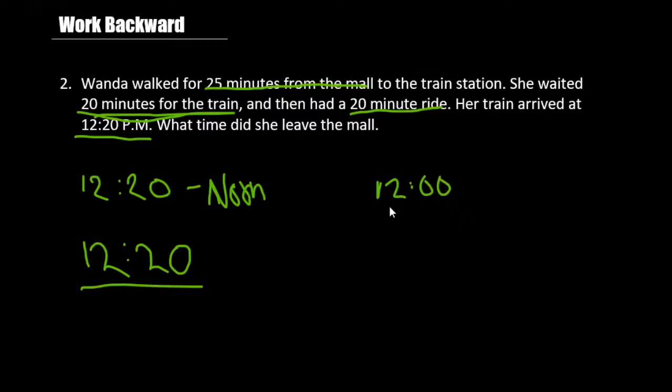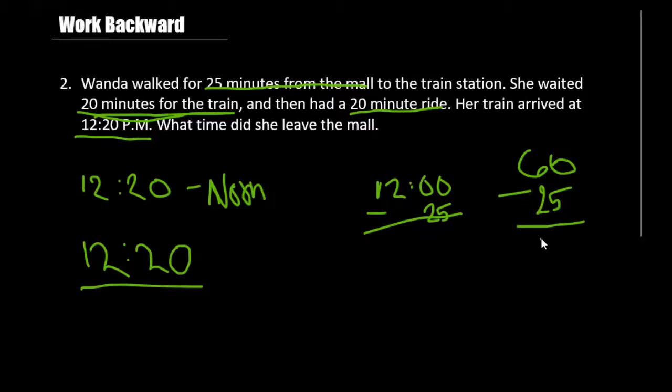So 12 o'clock minus 25. Remember, there are 60 minutes in an hour, and we find this out with 60 minus 25 is equal to 35.